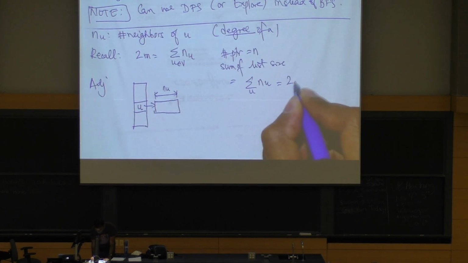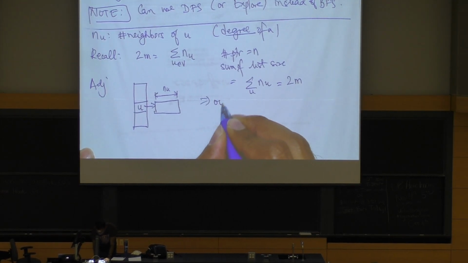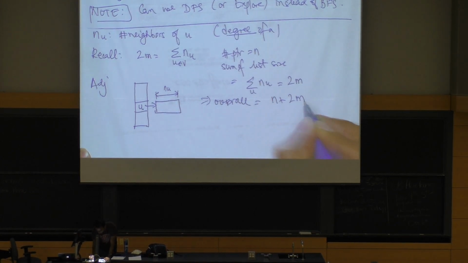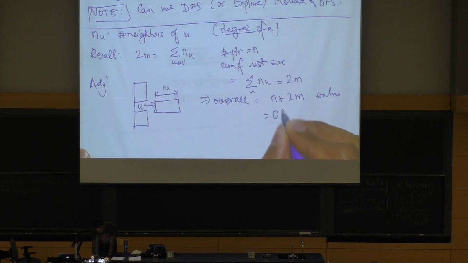And this we have already seen is exactly 2m. So overall we need n plus 2m entries, which is order m plus n.